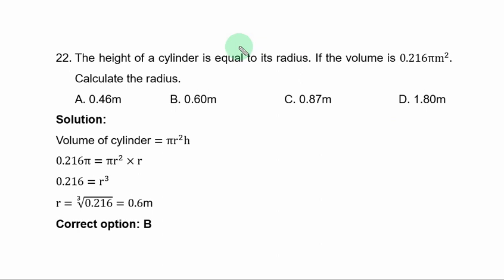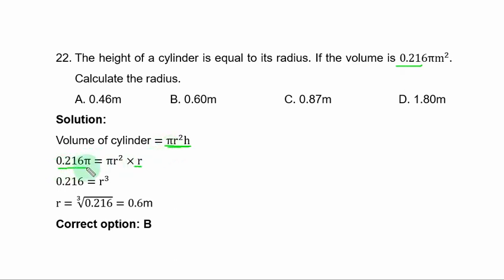Question 22. The height of a cylinder is equal to its radius. If the volume is 0.216 pi cubic meters, calculate the radius. The volume of a cylinder, the formula is this. From the question, the height is the same as the radius, so you replace the height with r.